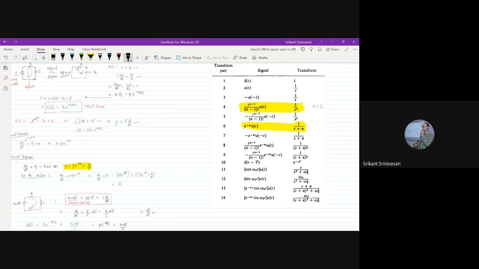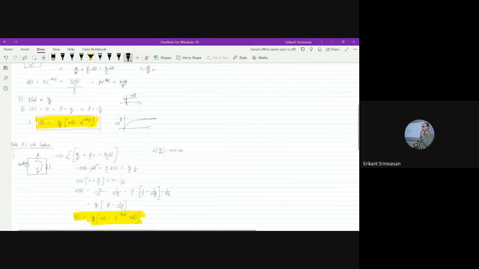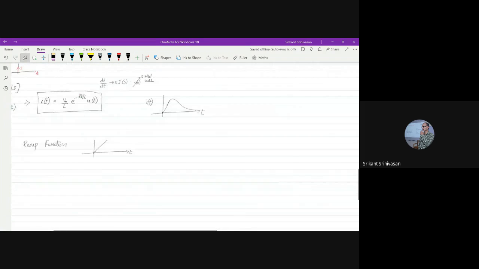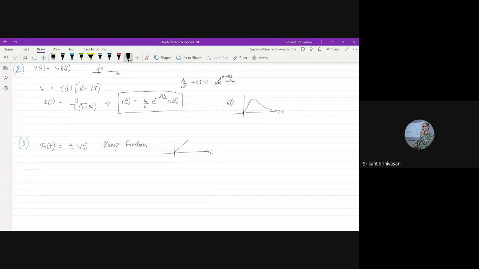So t to the power n minus 1 is t, and n minus 1 factorial, 2 minus 1 factorial, is 1. So this is t into u of t, and the corresponding Laplace transform is 1 by s to the power n, so it is s square. Therefore, now our function becomes V naught over s square is equal to I of s into R plus Ls. Okay. So what is I of s now? Can you tell me?